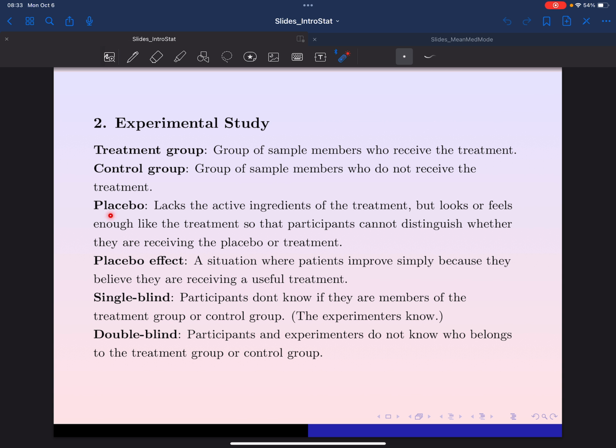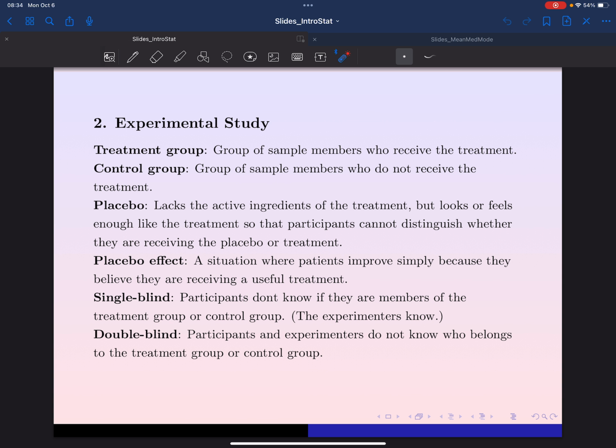Now, a placebo would lack the active ingredients of the treatment, but looks or feels enough like the treatment so the participant cannot distinguish whether they are receiving the placebo or the treatment. We can also have the placebo effect, a situation where patients improve simply because they believe they are receiving a useful treatment.